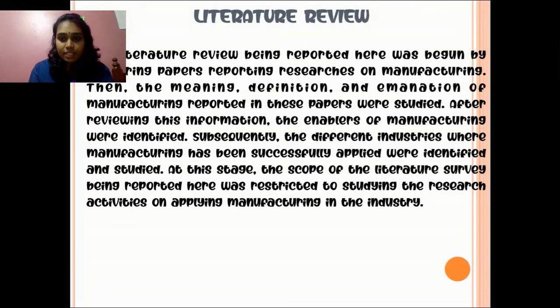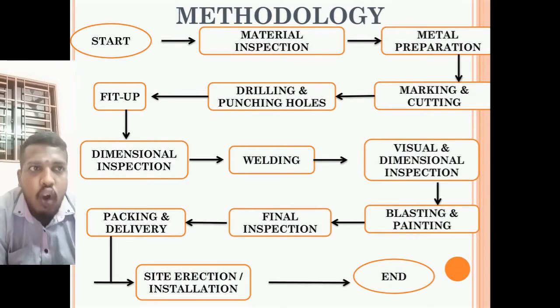Subsequently, the different industries where manufacturing has been applied successfully were identified and studied. At this stage, the scope of the literature review being reported here was restricted to studying the research activities on applying manufacturing in the industry. Thank you. I would like to explain about the methodology for our project.